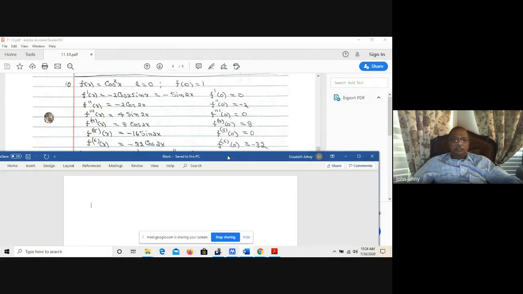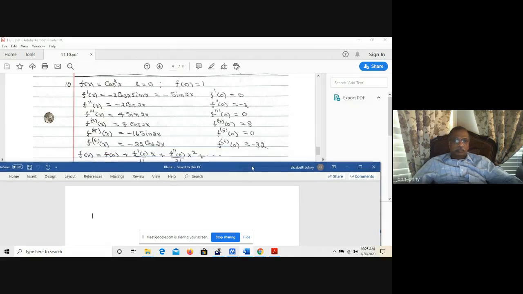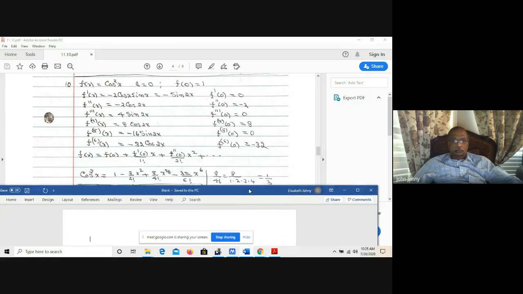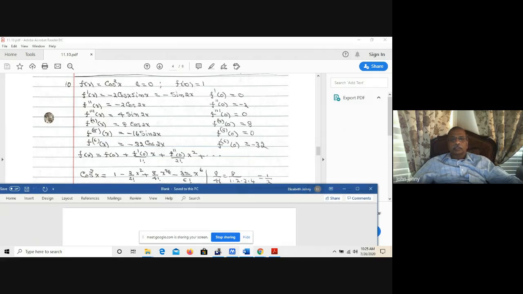The sixth derivative is negative 32 cos 2x, so the sixth derivative is negative 32. So we have 1, 2, 3 non-zero. We need one more. Oh no, we have 4 terms. The f(0) is 1. So 1, 2, 3, 4.